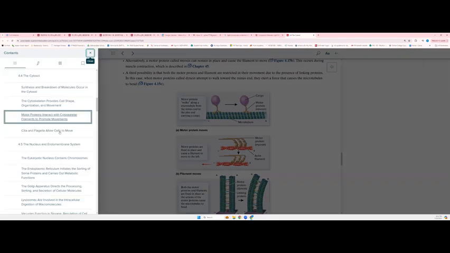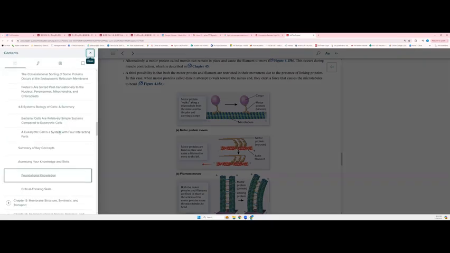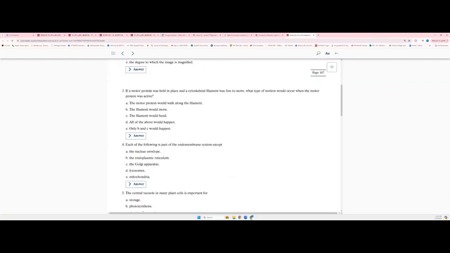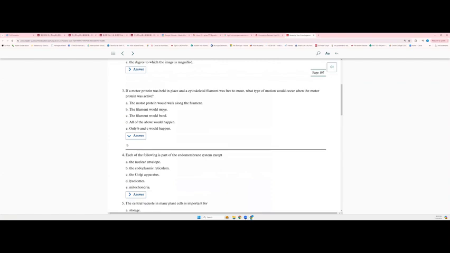That's what this problem is. It's asking because the motor protein is held in one place, which means it's stable, and then the filament moves. That's why we choose B, because the filament moves. That's how they interact, and that's how motion happens.